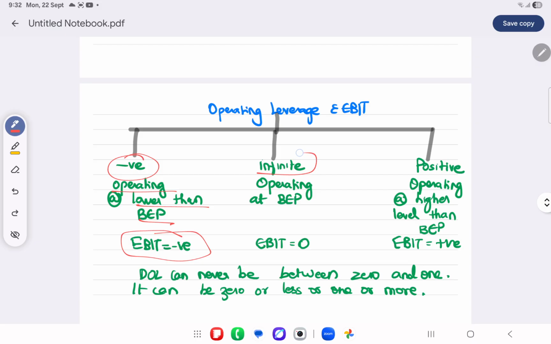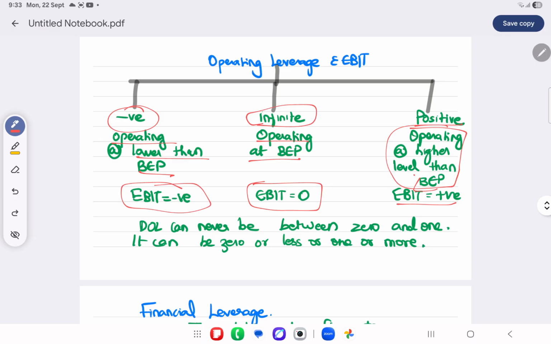If it is infinite, it is operating at BEP and EBIT is 0. If it is positive, it means operating at higher level than BEP and our EBIT is positive. Degree of operating leverage can never be between 0 and 1. It can be 0 or less or 1 or more.